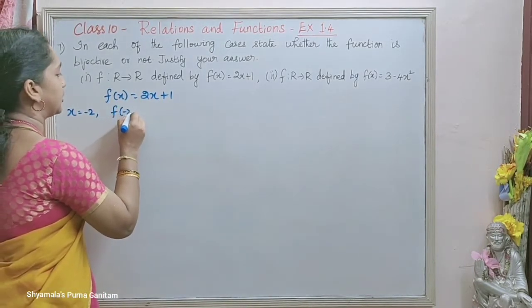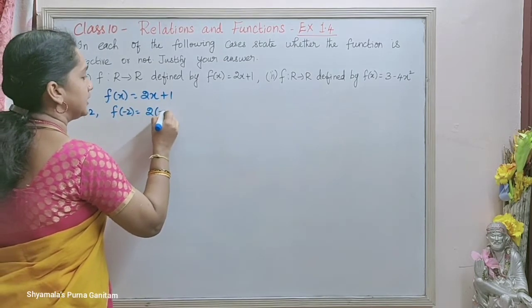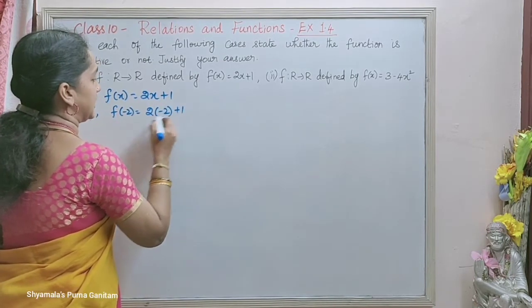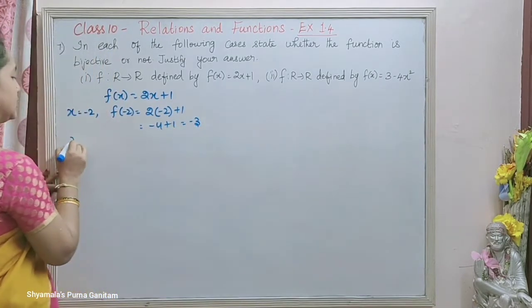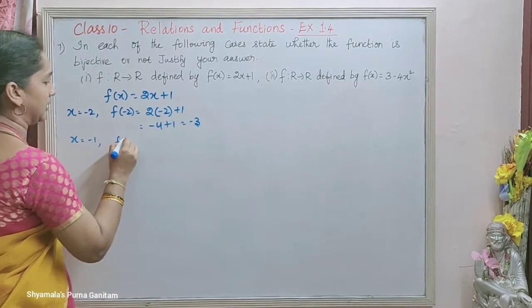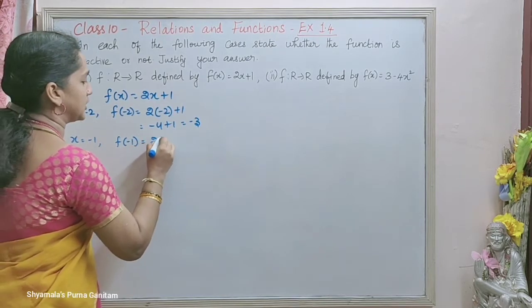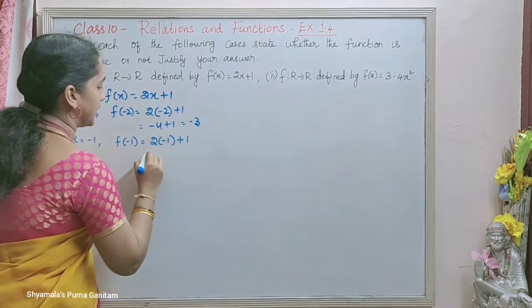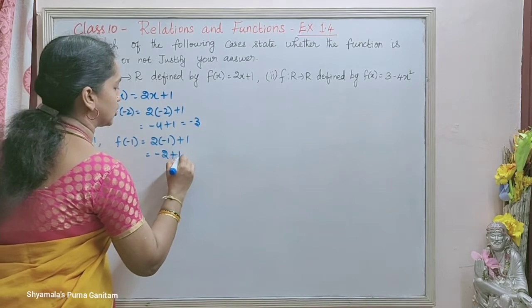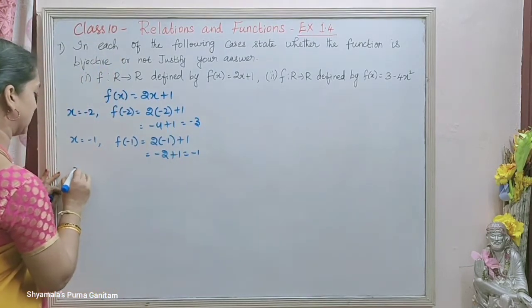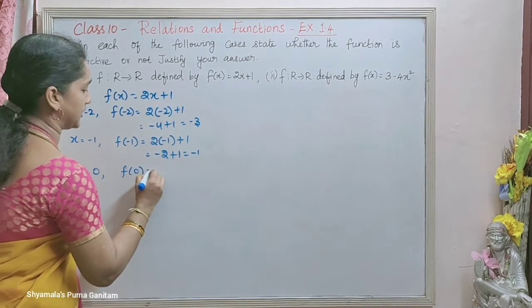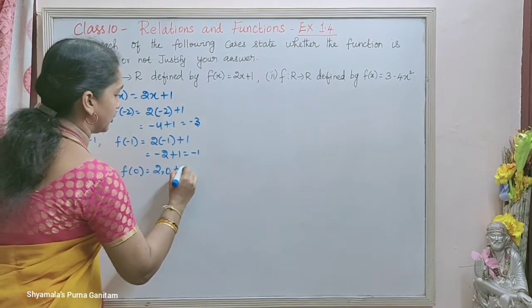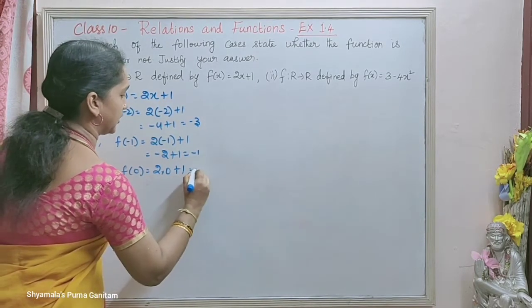If x is equal to minus 2, then when I substitute it in the function, I will get minus 3. Then if x is equal to minus 1, f of minus 1 is equal to 2 into minus 1 plus 1, that is minus 2 plus 1, that is minus 1. Then x is equal to 0, f of 0 is equal to 2 into 0 plus 1, that is equal to 1.